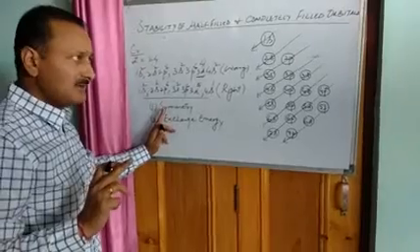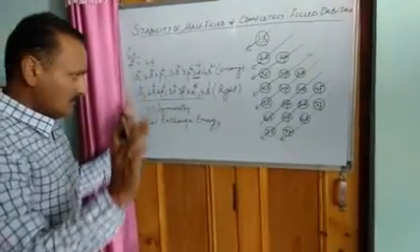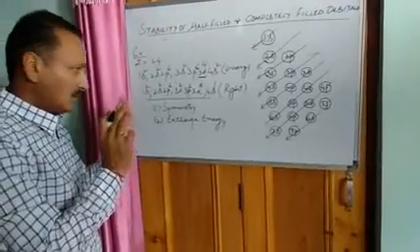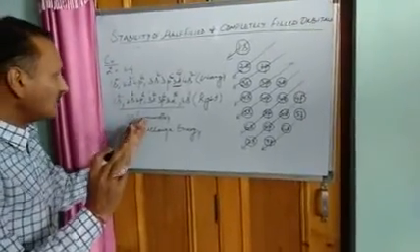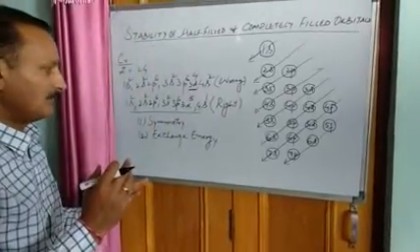More the symmetry, higher is the stability of that electronic configuration. Now what is symmetry? How does symmetry lead to higher stability?